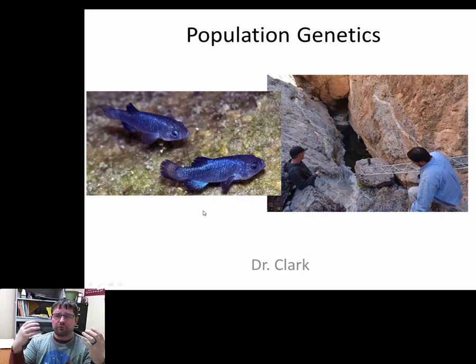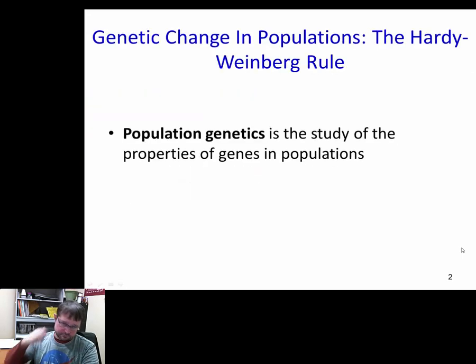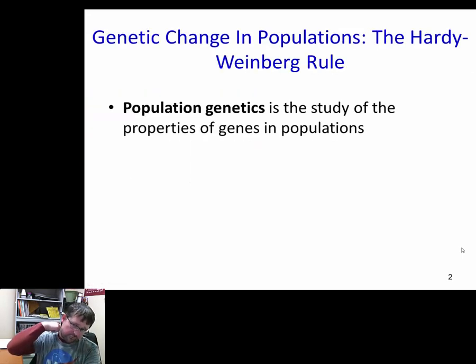And so that's really what this section of lecture is about. How do we tell if a population's genes are changing over a given amount of time? All right, so to do this, we would look at something called the Hardy-Weinberg rule.